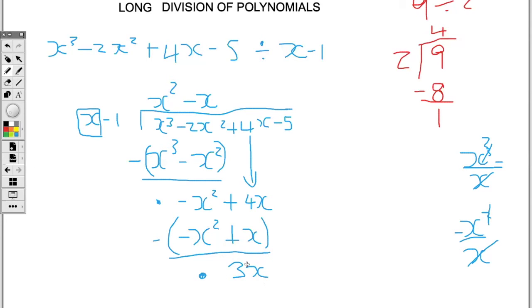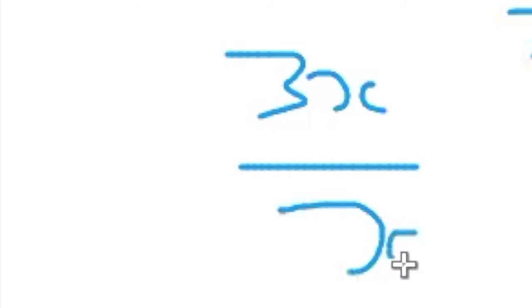Now again, after subtracting and we're still having an x in the remainder section, it means that we can go further. So going further, this x that I have in my rectangular box, I'll be dividing into 3x. So in other words, I have 3x being divided by x.